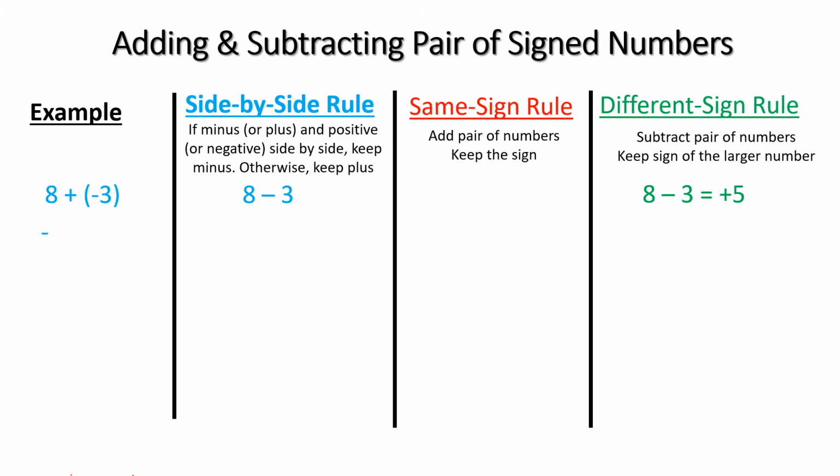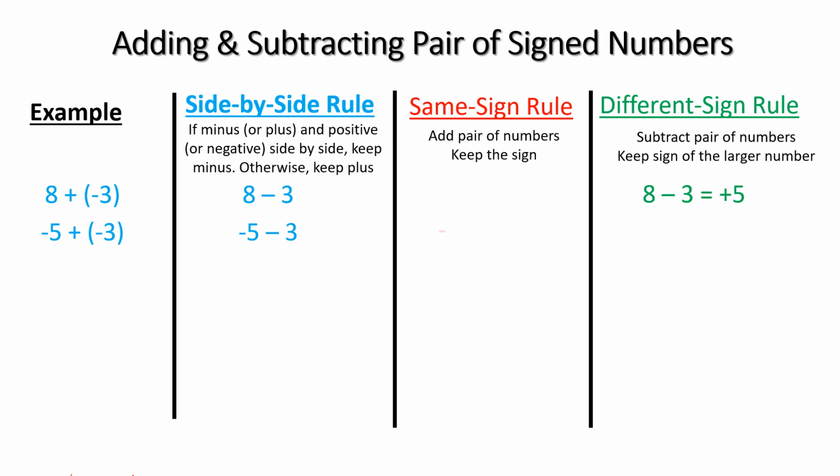Now look at this. Another example is the case of negative 5 plus negative 3. Here we have a minus sign and a plus standing side by side. Therefore, the side by side rule applies, and that changes to minus.